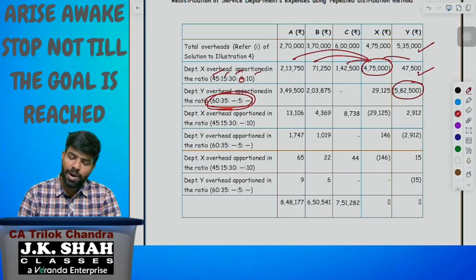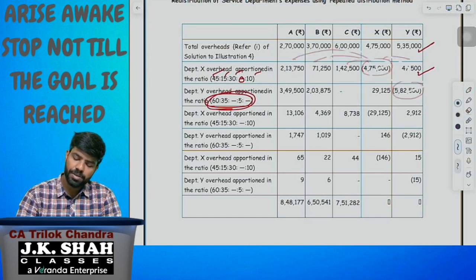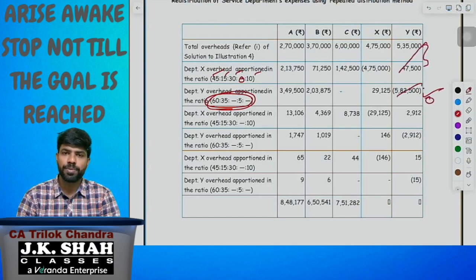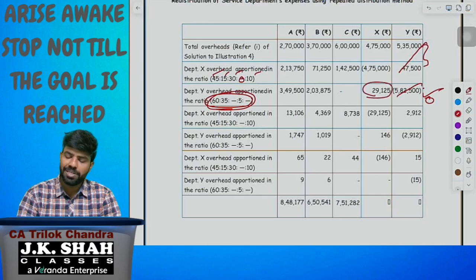Next. Now what happened? After doing this step, this total and this total will both get cancelled and become 0. But again some cost is there in the X department. Now we need to apportion 29,125 between A, B, C and Y. By doing this, plus 4,75,000 minus 4,75,000, plus 2,95,000 minus 2,95,000, both get cancelled.